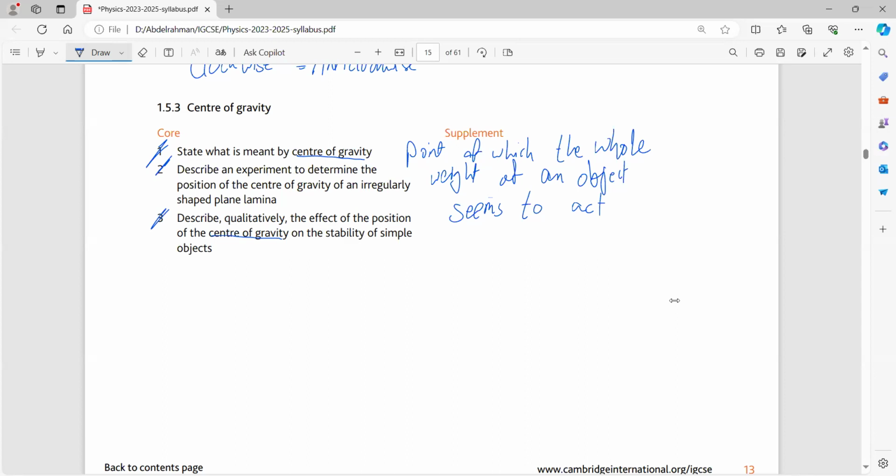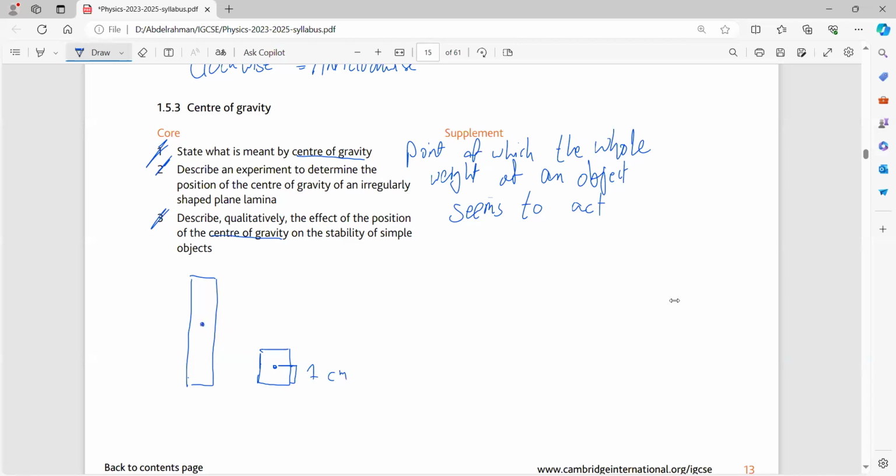increase. How? For example, if I had an object like this and another object like this one, which of them is more stable? The one on the right. Why? Because the distance between the center of mass and the ground is quite short. Let's say this is only 1 centimeter.